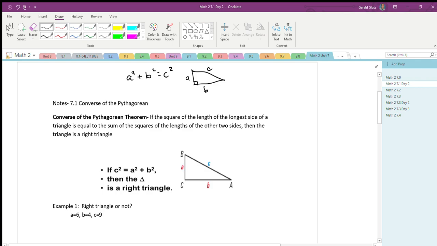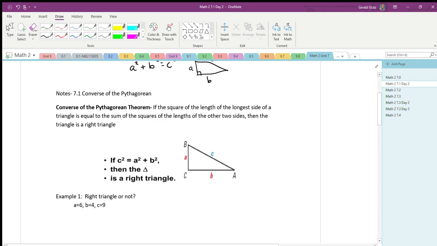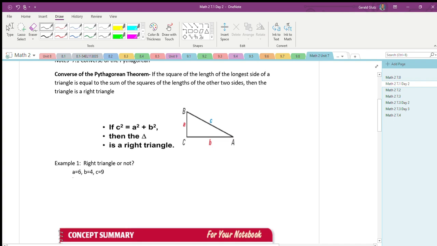So in example 1 here, it's asking us, if a is 6, b is 4, and c is 9, is that a right triangle? In order to figure that out, we do a squared plus b squared equals c squared. If the two sides are equal after I square those numbers and add them, then it is a right triangle.